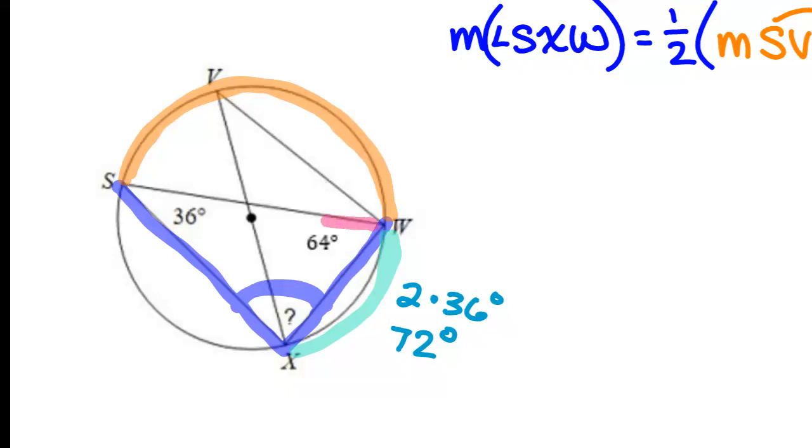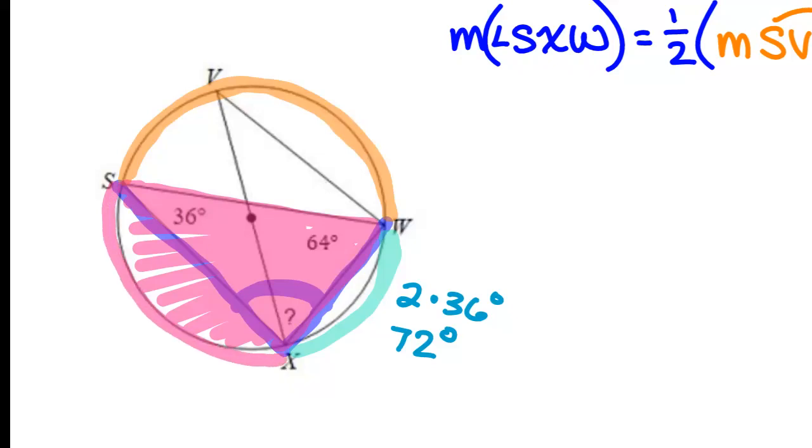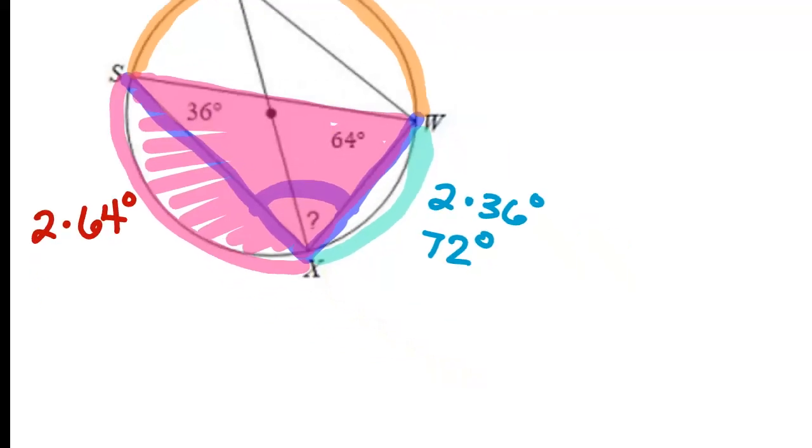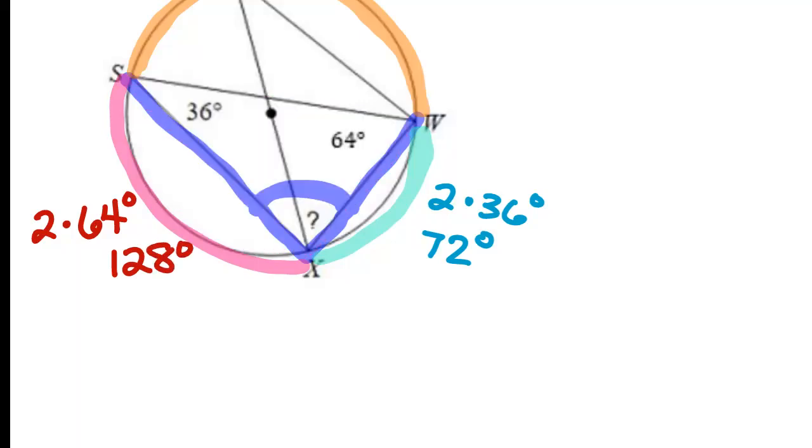And then we have this angle, SWX. It's 64 degrees. And it is intercepting this arc right here. Since it's also an inscribed angle, the arc is twice as big as the angle, so 2 times 64 degrees. This arc is 128 degrees.